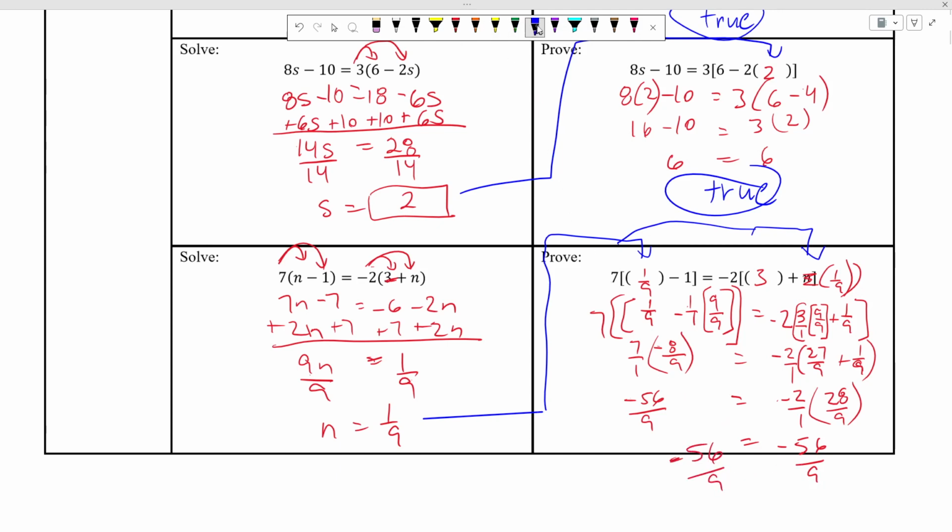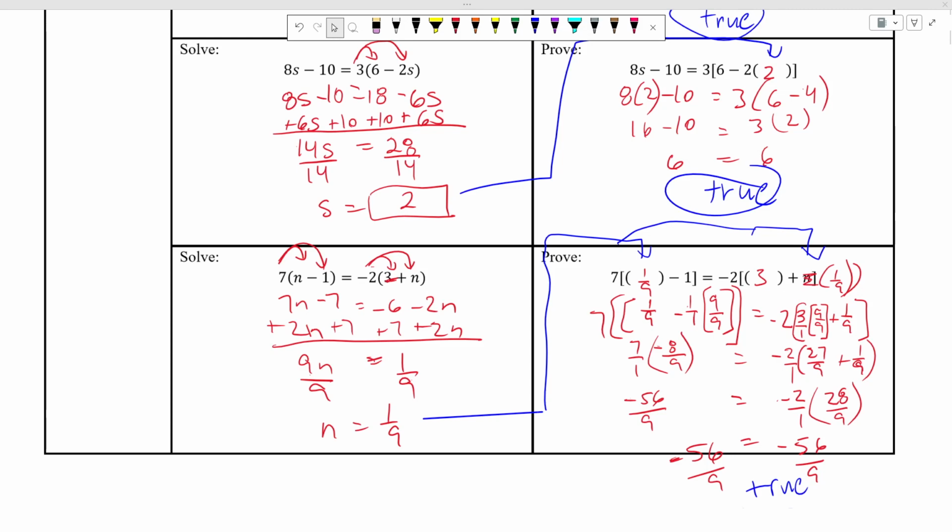Hey guys, this happens to be true. Therefore, this 1/9 was indeed correct, for it being substituted back into the equation is what satisfied the equation to be a statement of truth. Not so bad, guys. I know fractions are a little scary, but they are very much doable.